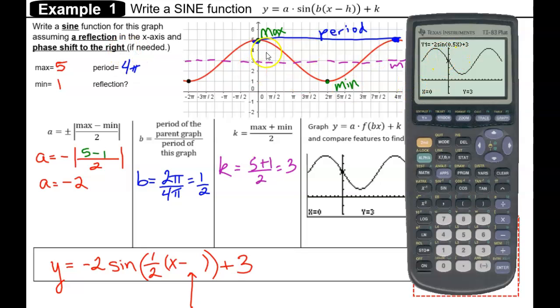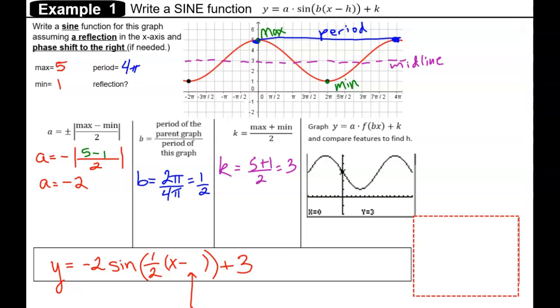So I'm going to shift to the right pi units, and that's going to put my point of intersection with the midline here at pi comma 3, which should match with what I want in my graph. So I'm going to make this a shift of pi units to the right.